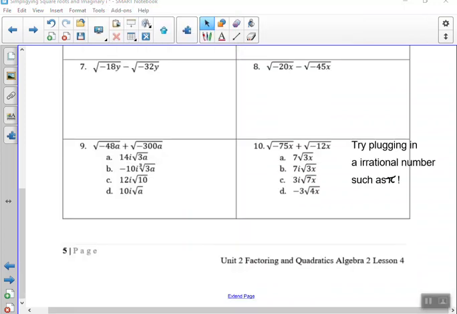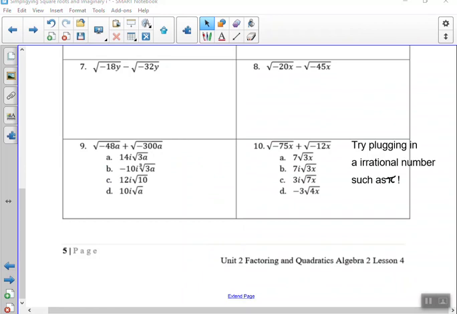Okay. We have a multiple choice question, so I have this whole thing here, but I have some answer choices. What I can do in this case, instead of ignoring the radical part, is plug in an irrational number.